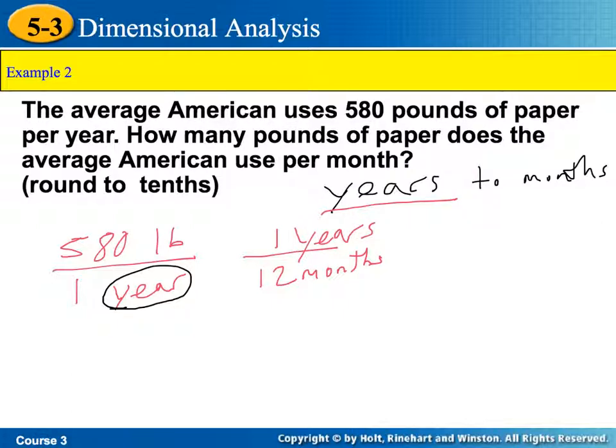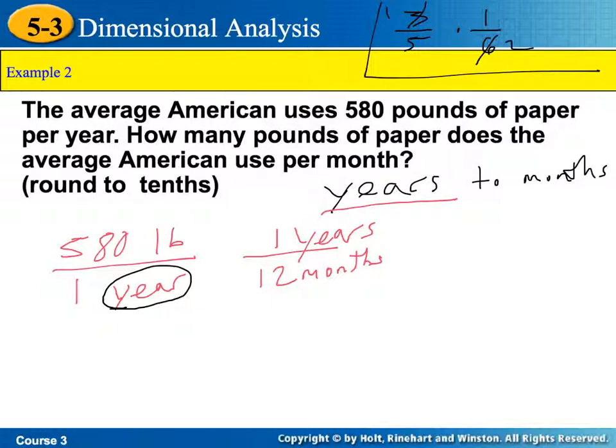Now what this does, by putting years on top, just like a fraction, when you have a common factor with your fractions, you can cancel things out. For instance, if you look up here in this little box, if I give you 3/5 times 1/6, the 3 and the 6 can cancel out because they have a common factor of 3.